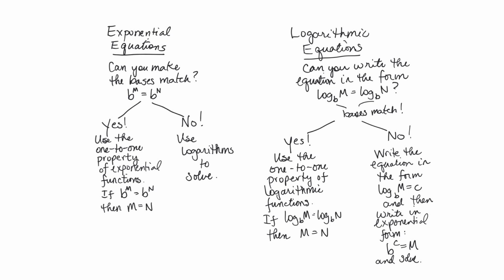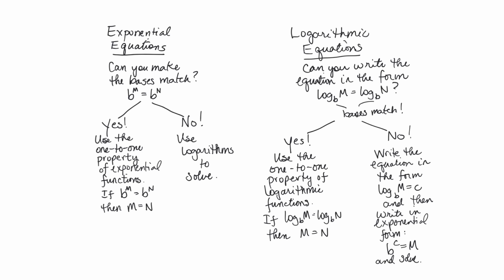And for both types of equations, one method involves using the one-to-one property, right? So with exponential equations, if I can make the bases match, then I can use the one-to-one property of exponential functions to solve, right? So if b to the m equals b to the n, then it must be the case that m equals n.